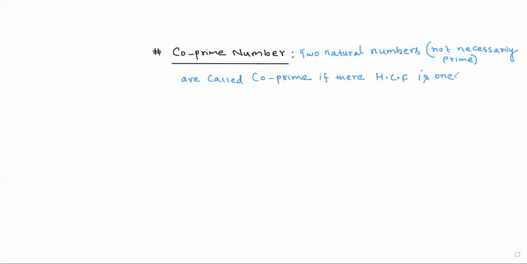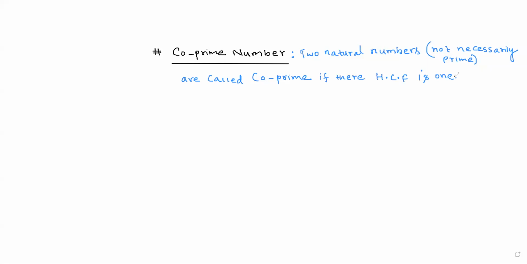The thing is that here the natural numbers are not necessarily prime. It is not a condition that they should always be prime. Two natural numbers are called co-prime if their HCF is 1.